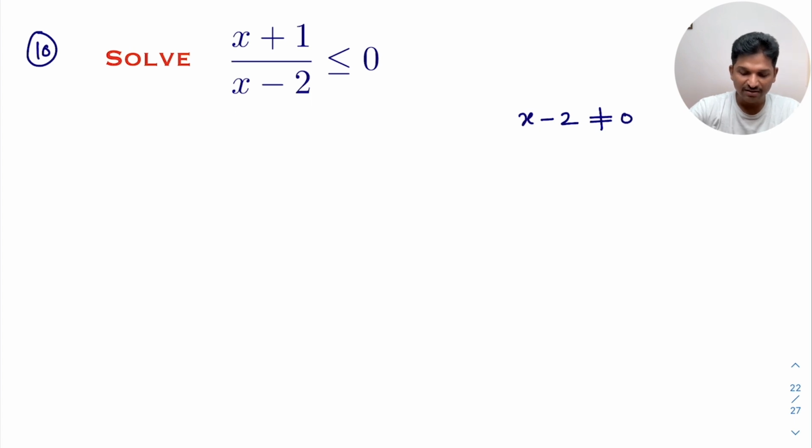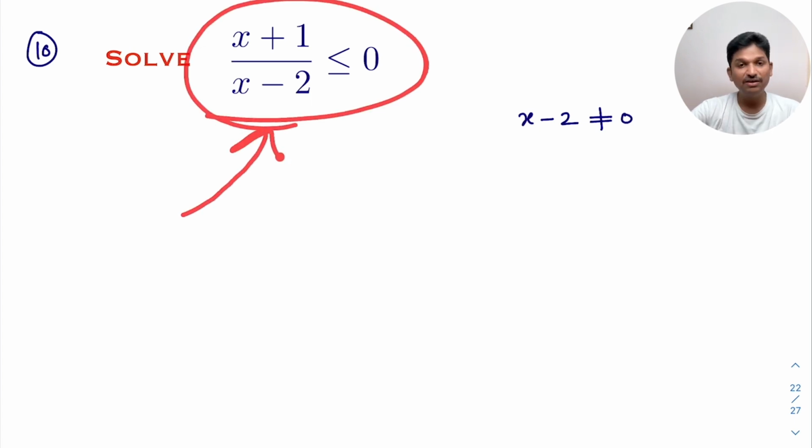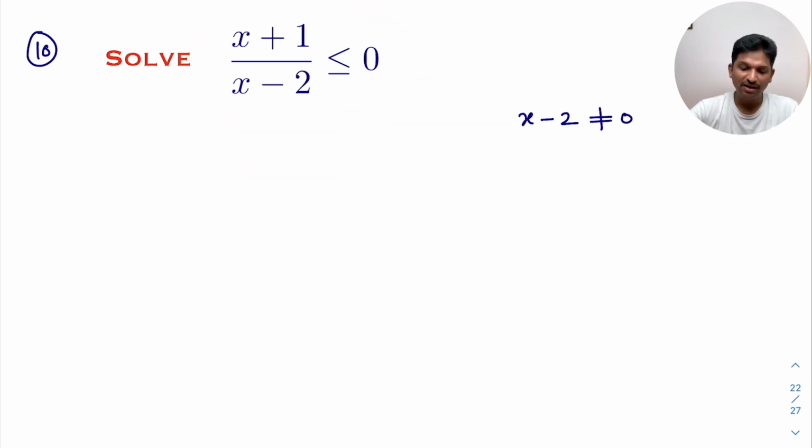At the end, in the wavy curve method, same procedure as type 1, type 2 will follow, but for what values x minus 2 is 0, those x values will be removed. That means we need to make sure that whatever x values we get, x minus 2 cannot be equal to 0. Okay, so come back to that wavy curve method.